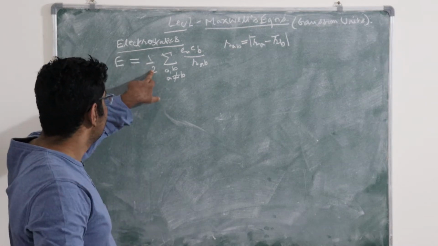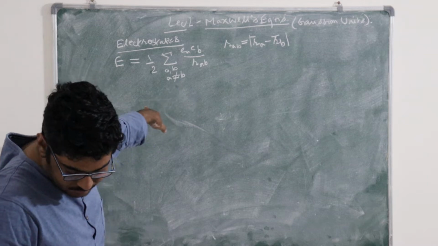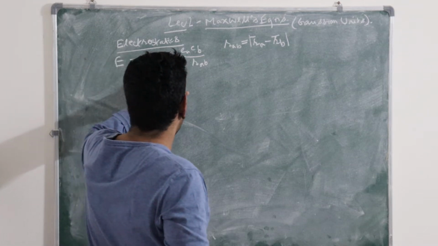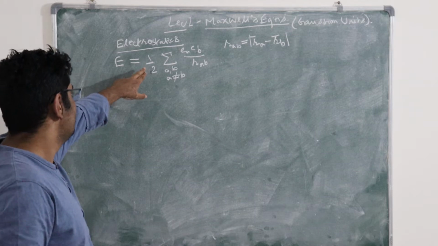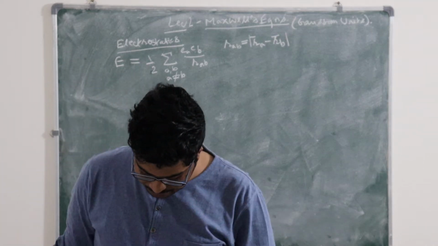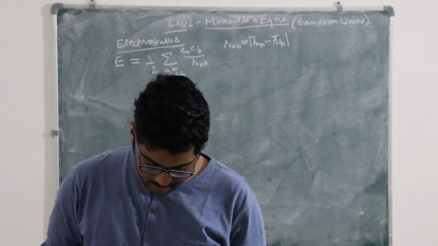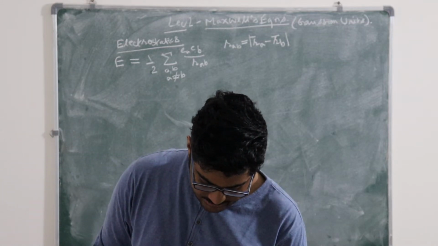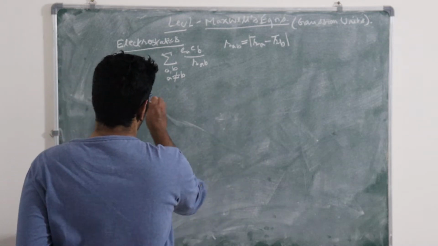I've put a half over here because you're going to get a double summation, so you're going to get everything twice. So you put a half over here and you're done with the job. So that was about the interaction energy. Now I shall write it in a different form.